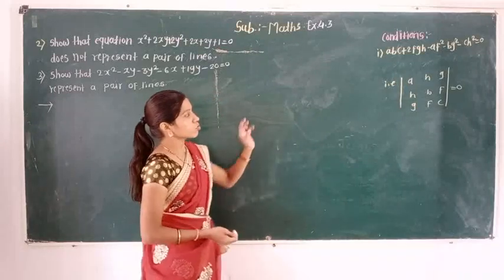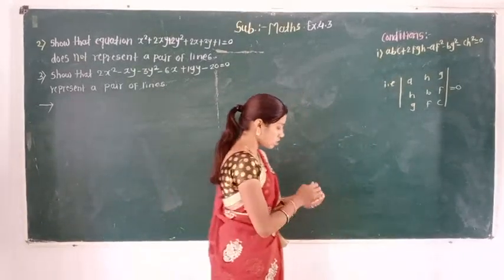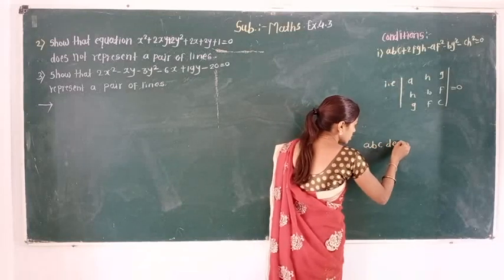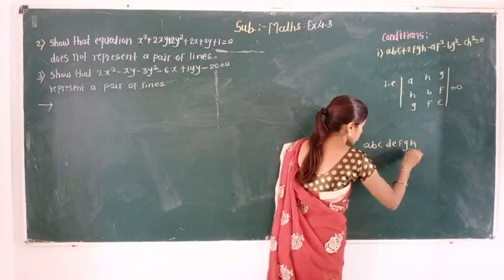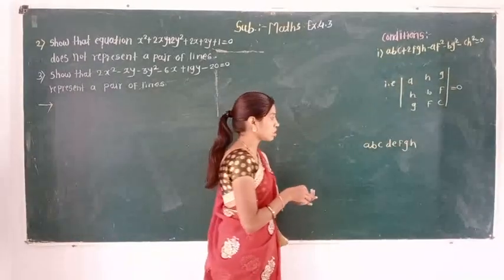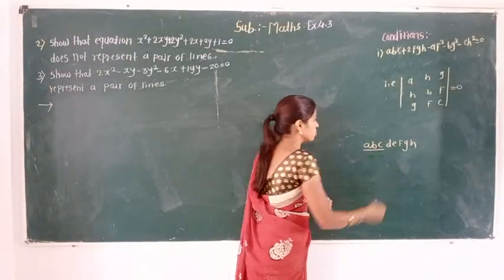Now how to remember this condition? We know the alphabets A, B, C, D, E, F, G, H. For expressing this condition, first of all we take the first three alphabets as they are, ABC.